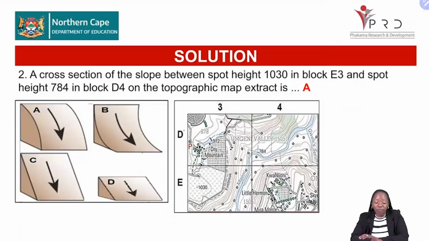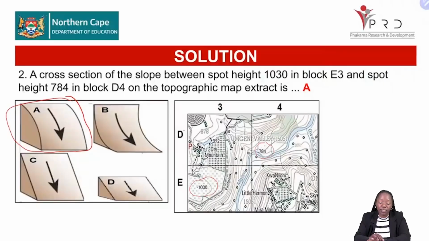Right, girls and boys, we are looking at our cross-section. The correct answer is A. So why A? You see there is a spot height 1030, and here is our spot height 784. Then we're looking at how the contour lines are placed.